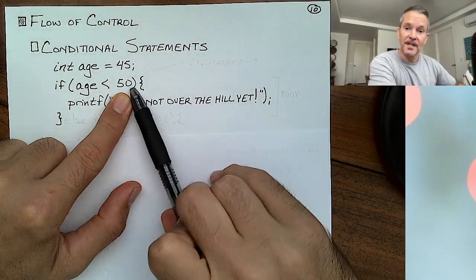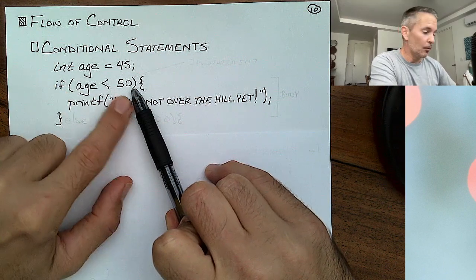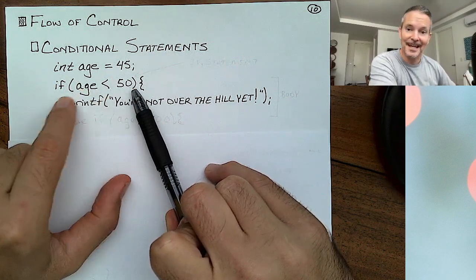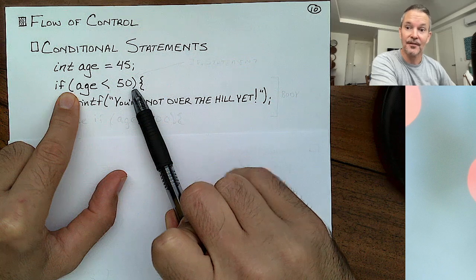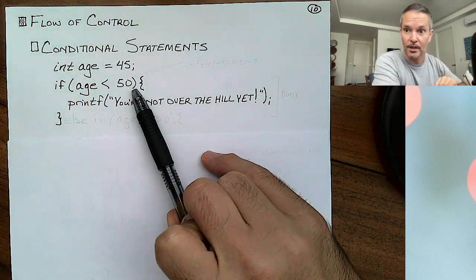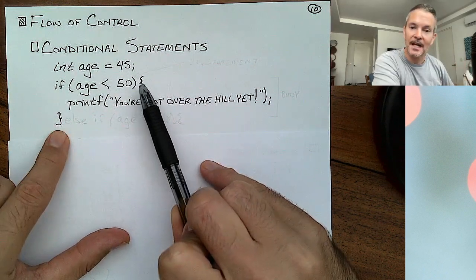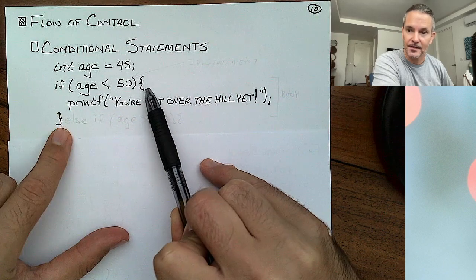So this new statement that we're learning, if, says: if whatever you placed inside these parentheses evaluates to a non-zero, if it evaluates to 1, if it's true, then I will execute what is inside these curly brackets.